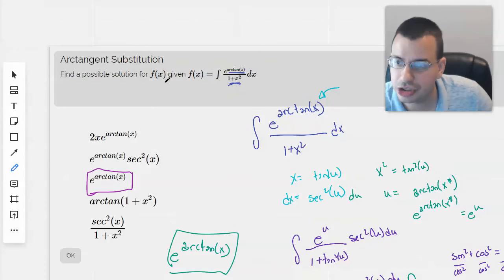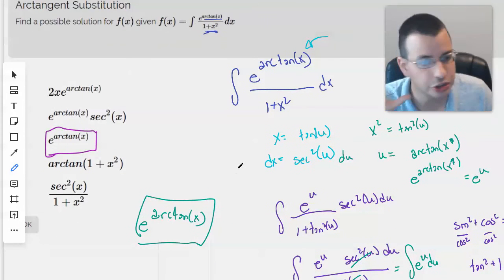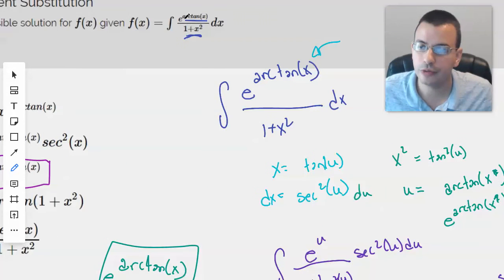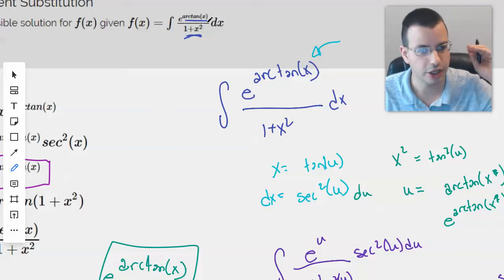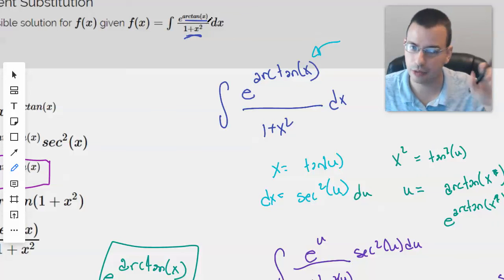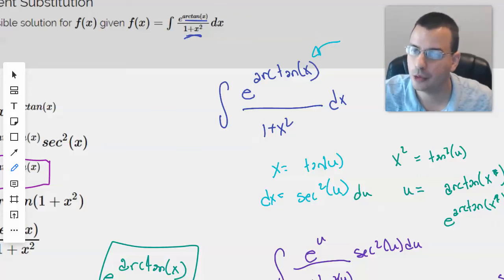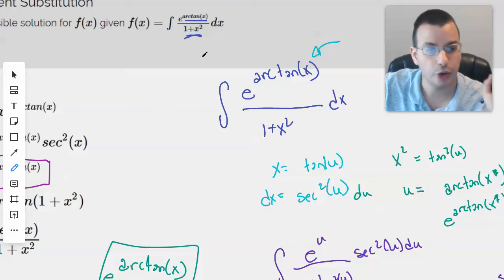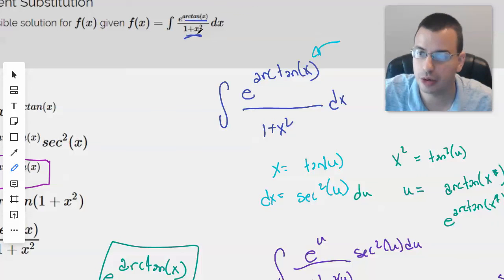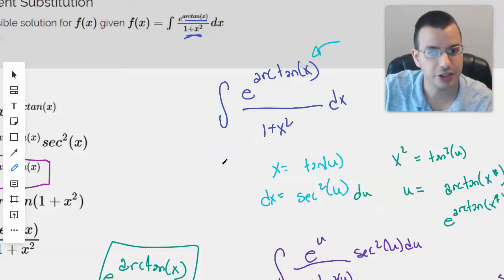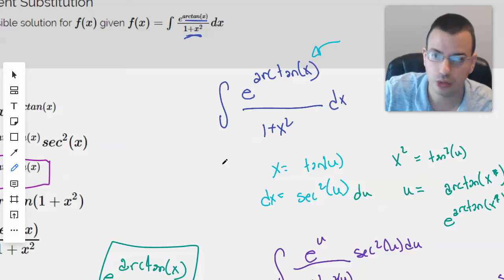Okay, find a possible solution for f of x given. To backtrack real quick, we saw this arctangent of x, kind of clueless, a little bit of panic. That's okay. We rallied the troops. We then fixed what we could solve, which is 1 plus x squared, because we know that's x equals tangent of u.